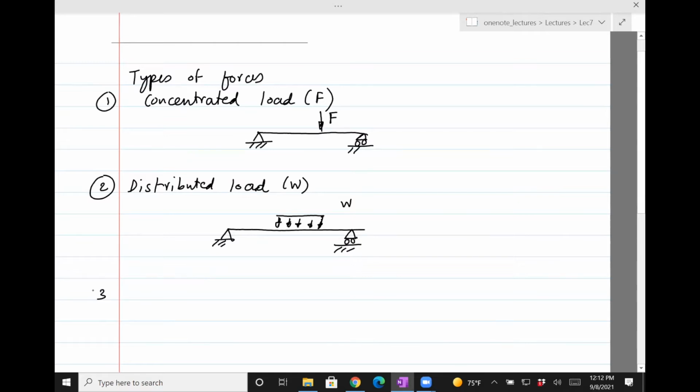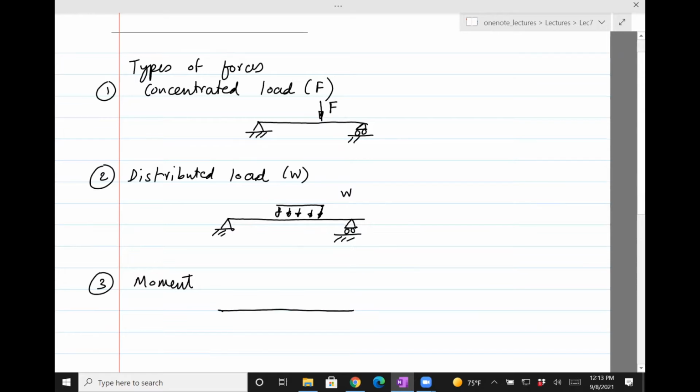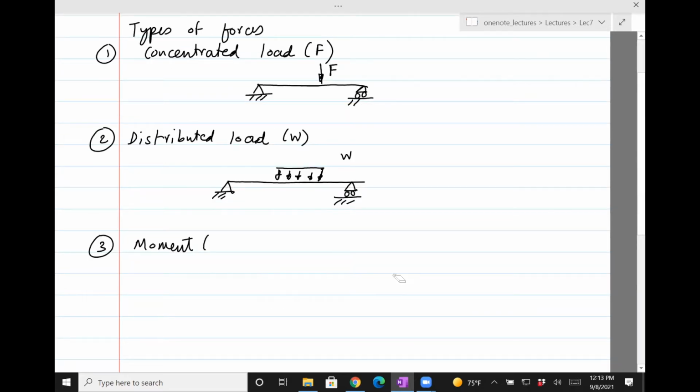And then the last one is a moment. So here we have a beam under the same loading condition, so same supports, subjected to a moment. And now that moment can be really anywhere.